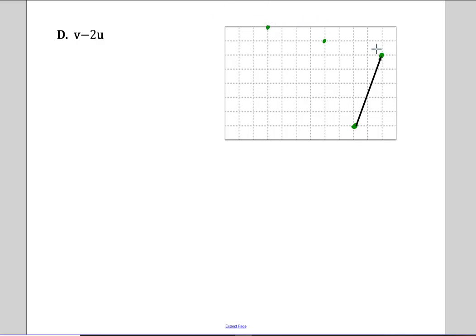So we have the opposite of u once and then the opposite of u twice. So this is v, and this is the opposite of u and the opposite of u. And using our line tool or our vector tool, from the initial point of v to the terminal point of the two u's, then we have v minus 2u for our vector addition there.